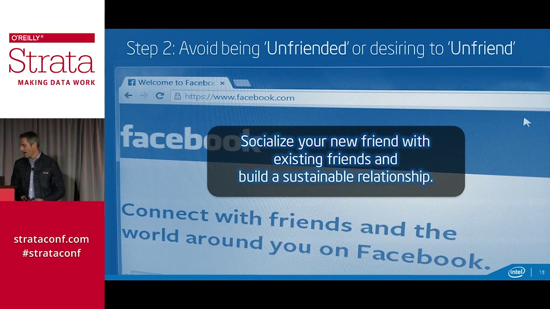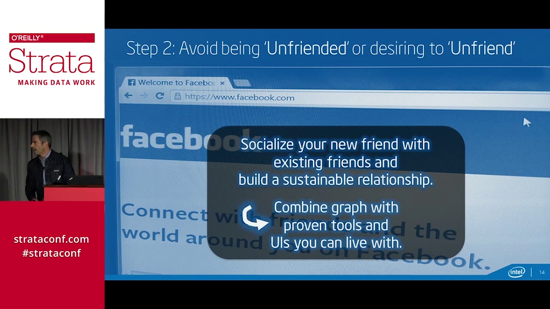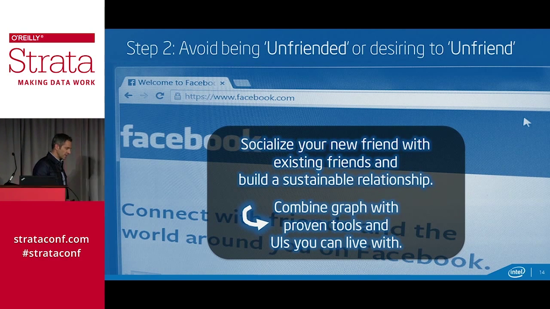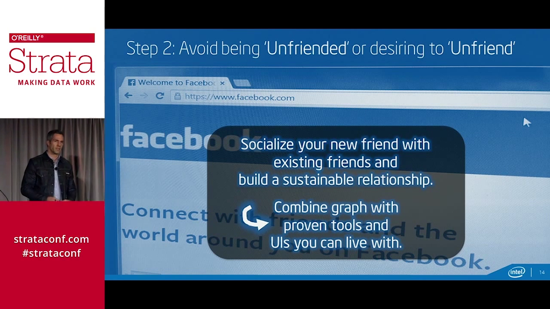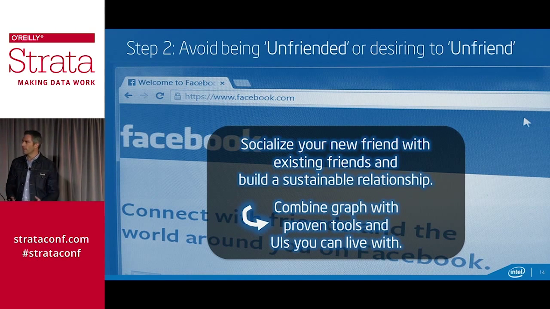So in terms of graph analytics and tools, what I mean by this is combine the new graph analytics technology with existing tools, with proven tools and the ecosystems that are healthy already. We've got Apache, we've got the Hadoop effort and non-Hadoop efforts, and that's great to build on.